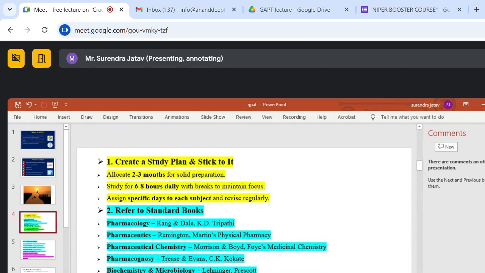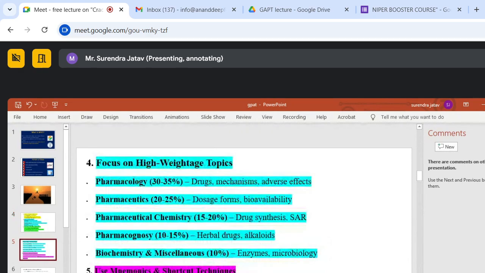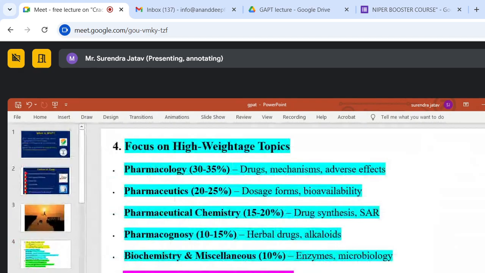Now coming to the next point: focus on highly weighted topics. This is also important, because if you don't focus on the highly weighted topics, you will lose somewhere. What does focusing on highly weighted topics mean?